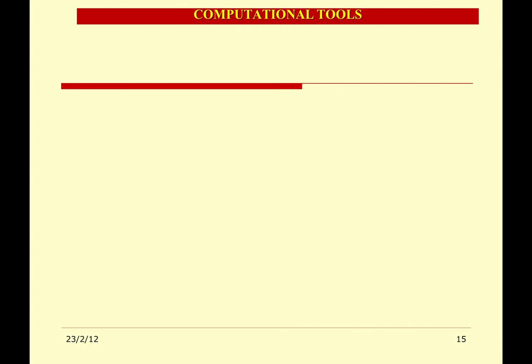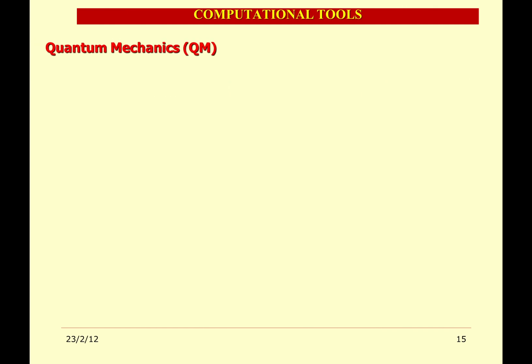Now we come to the other part of the molecular modeling tool, and that is the computational tools. Computational tools are very important, like quantum mechanics and molecular mechanics. Quantum mechanics is computationally more expensive, and ab initio and semi-empirical methods are used.